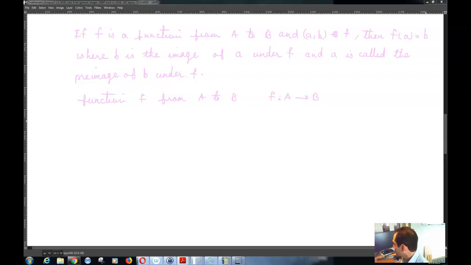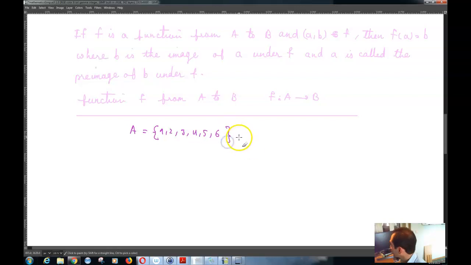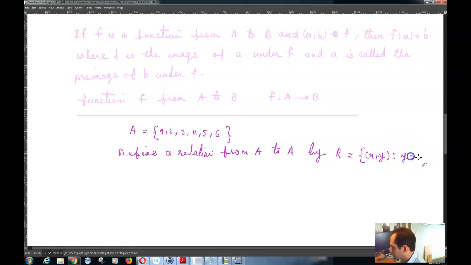The situation was like this: I had a set A, which was 1, 2, 3, 4, 5, and 6, and we wanted to define a relation from A to A by the rule R is equal to (x, y) such that y is equal to x plus 1.